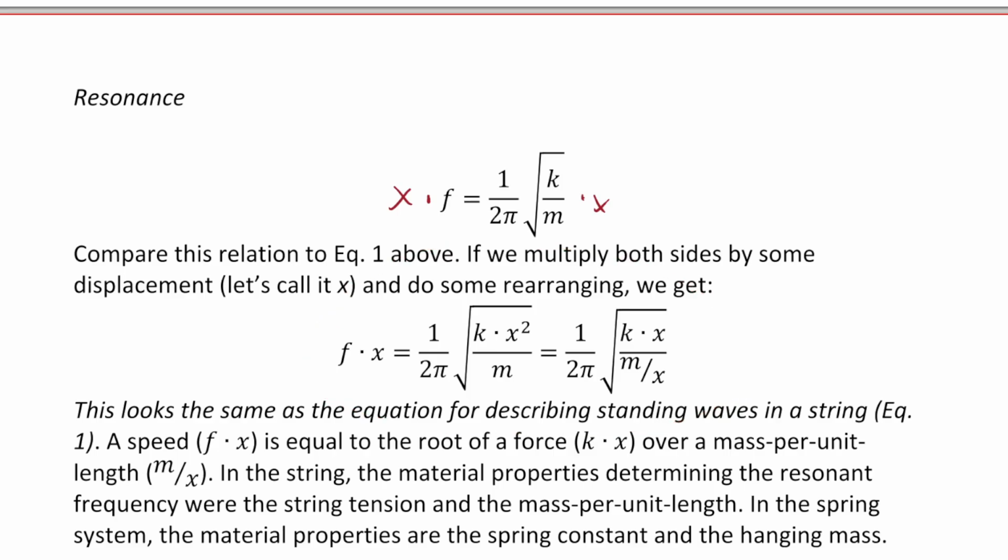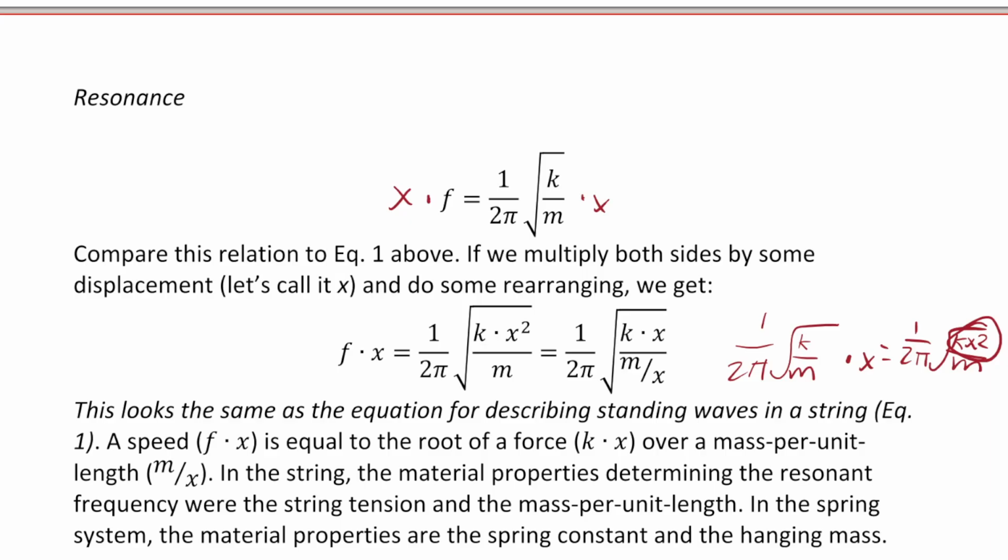Okay? Really quickly, what they're doing is they have 1 over 2 pi root k over m, and then they multiply it times x. And this is equal to 1 over 2 pi root kx squared over m.